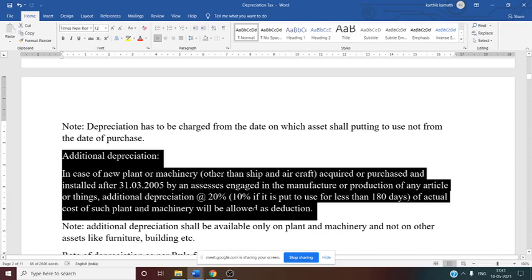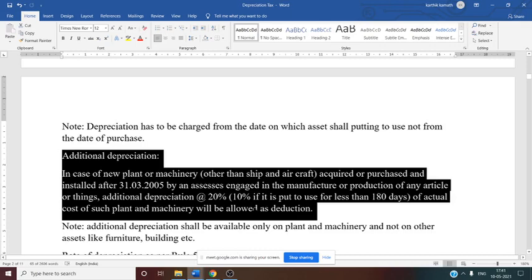If it is after 31/3/2005, by an assessee engaged in the manufacture or production of any article or thing, additional depreciation at 20%, and 10% if it is used for less than 180 days, of actual cost of such plant and machinery will be allowed as a deduction.